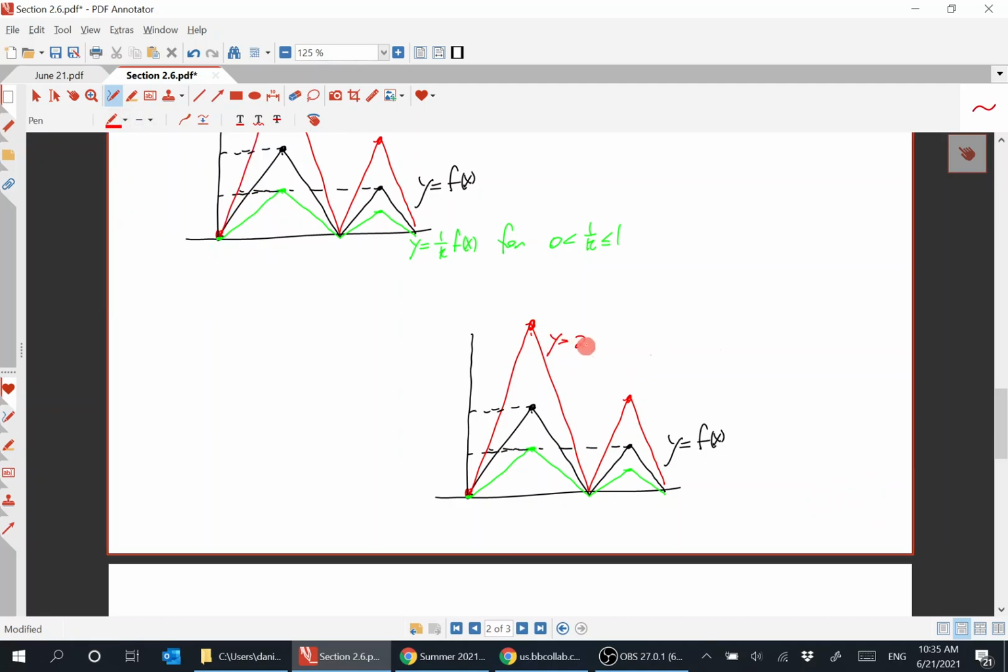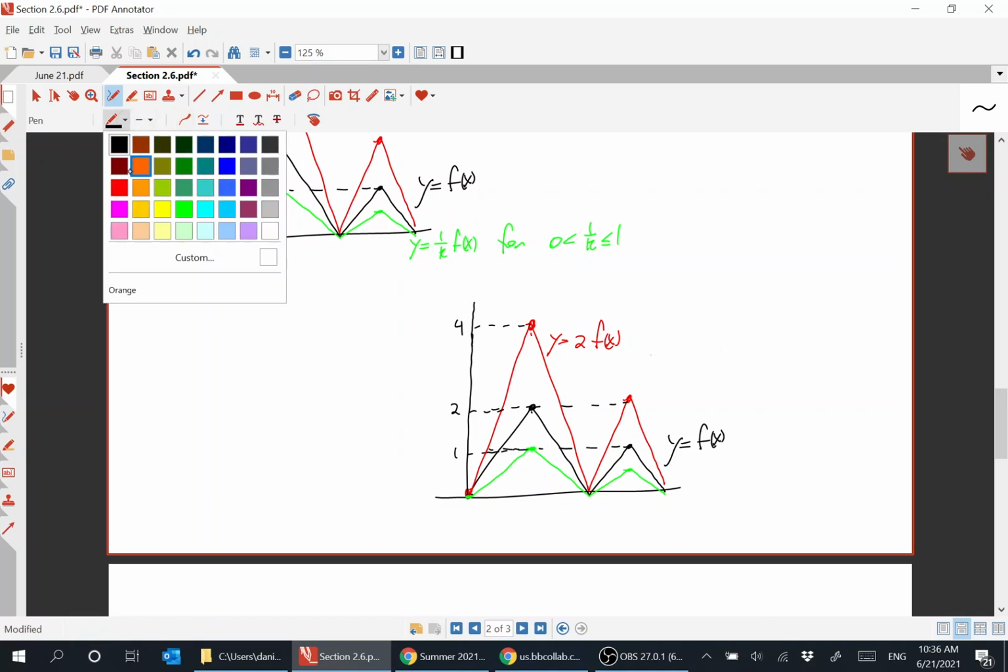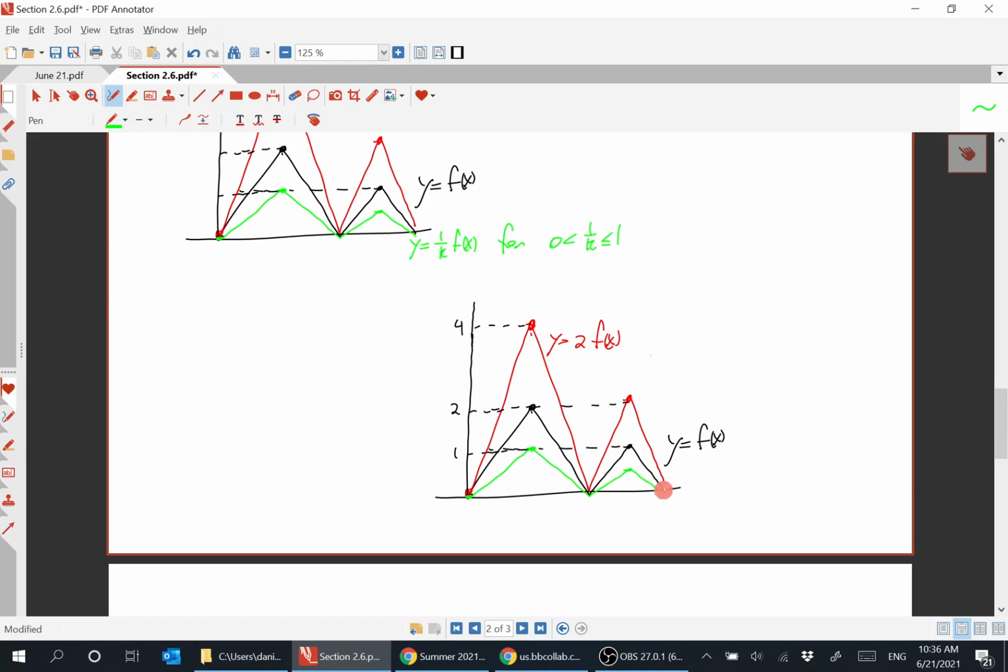So this is y equals 2 f of x. So this point up here is a 4. This is 1, this is 2. And this point over here is a 2. And then this function down here is y equals 1/2 f of x.